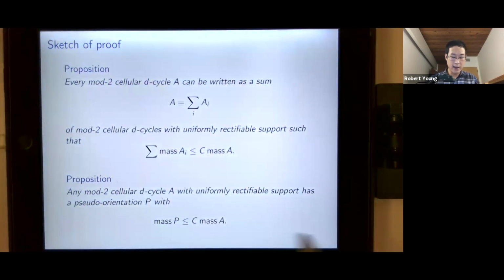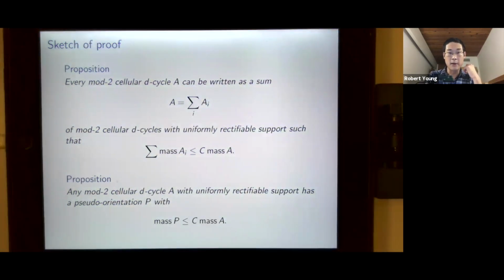And so the idea of this bound is to use the corona decomposition, use the fact that most pieces of your surface can be approximated by Lipschitz graphs. Most pieces of your surface can be approximated by orientable pieces, to construct your pseudo-orientation, to break up this filling into orientable pieces.